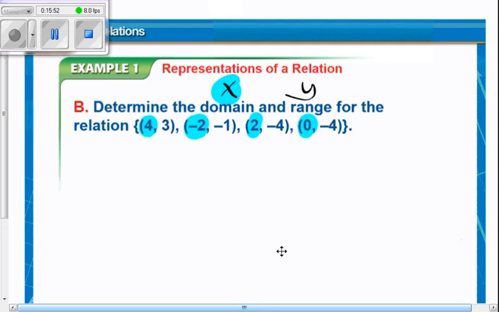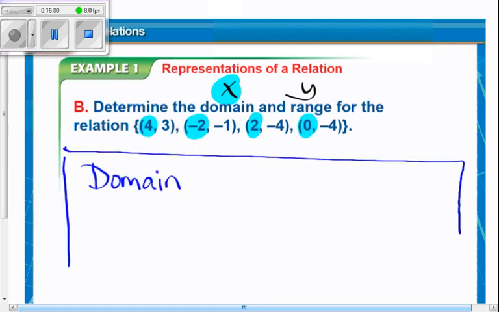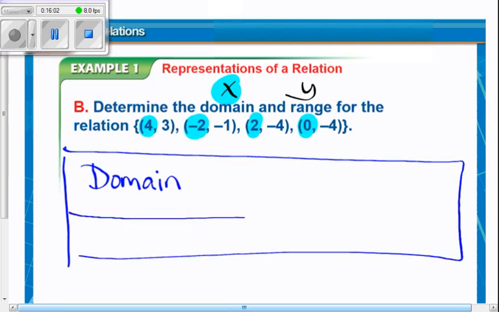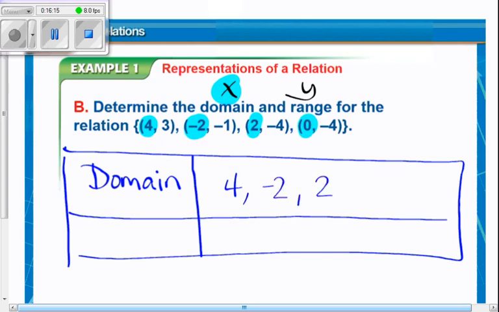We have our domain, right, in your notes, in a little table. And we just want to list out our domain is 4, -2, 2, and 0. Can anybody point out maybe a potential mistake that I just made?